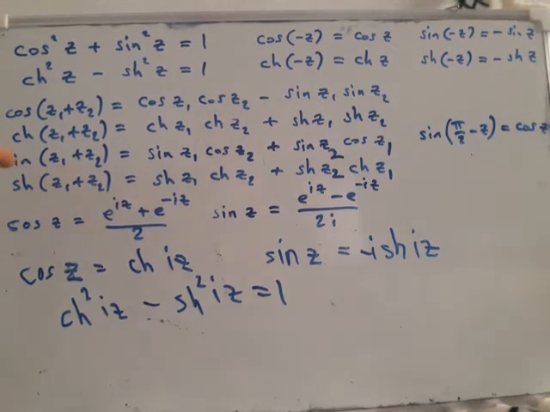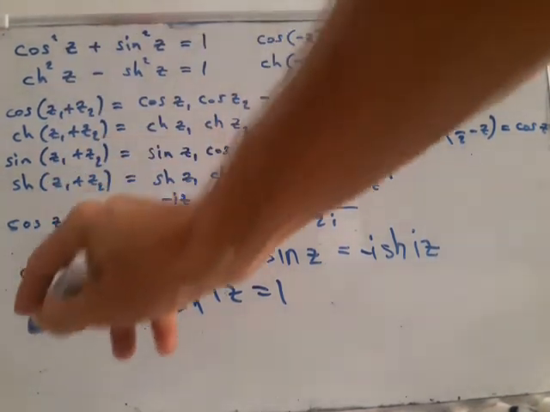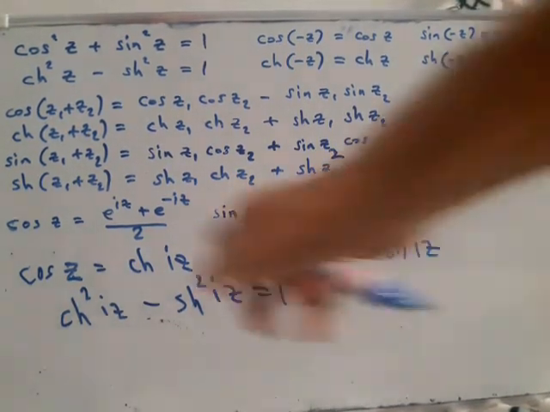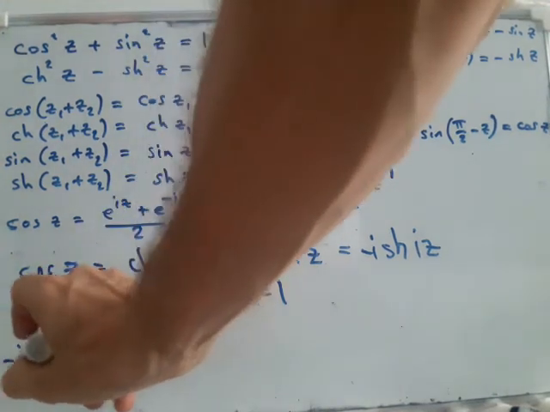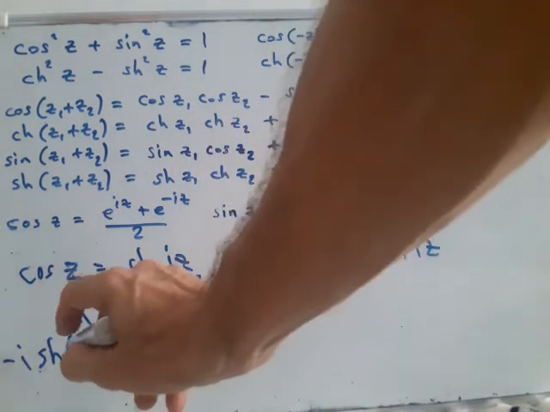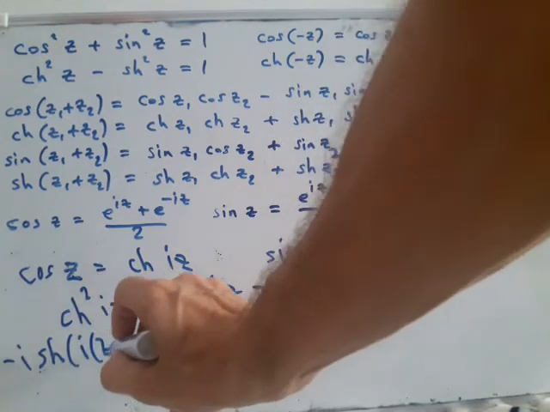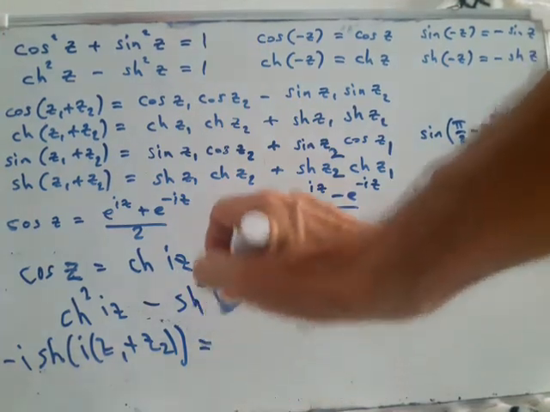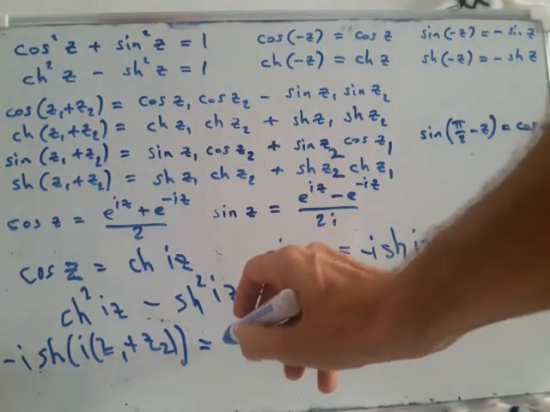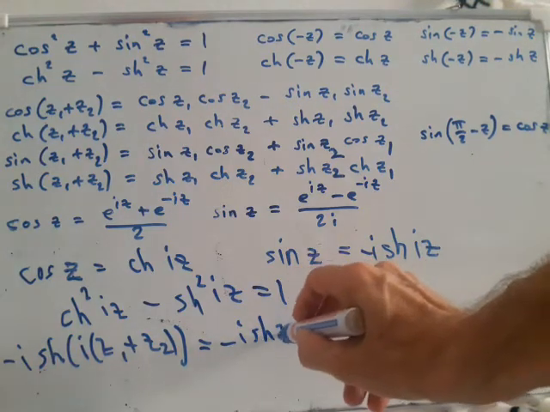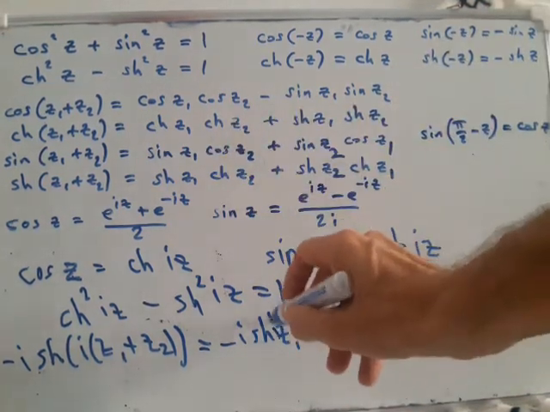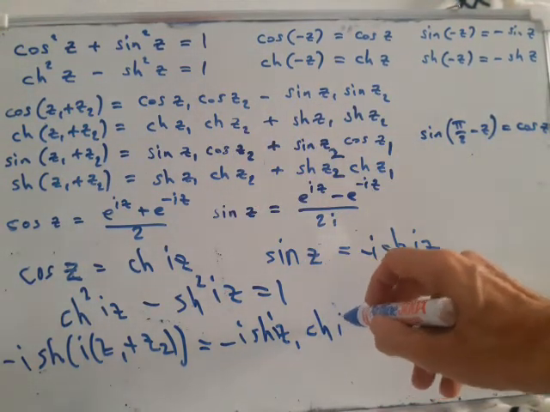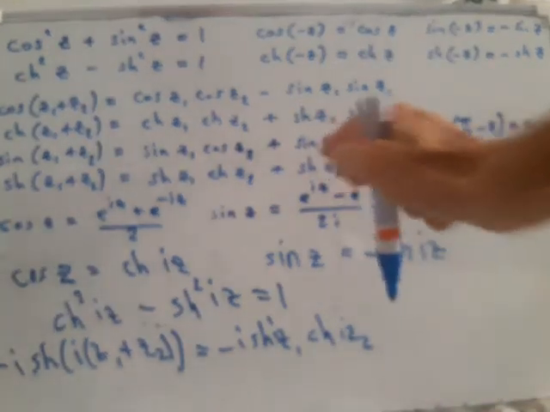Now, let's try it with this one, sine of z1 plus z2. So I'll rewrite it as minus i sinh of i z1 plus z2. So then this sine gets turned into a minus i sinh of i z1, and the cos goes into a cosh of i z2, and then here we get the same thing.